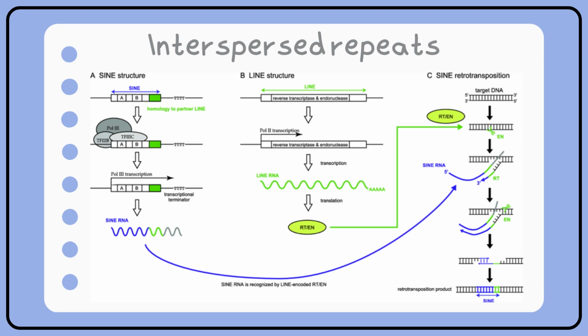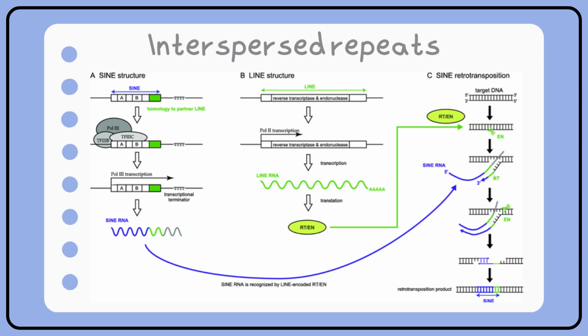The most famous example of SINEs is the Alu elements, which have about 750,000 copies scattered across our DNA. Unlike LINEs, SINEs are non-autonomous, which means that they don't have the ability to move by themselves, and instead they rely on the enzymatic machinery of LINEs to move around the genome.